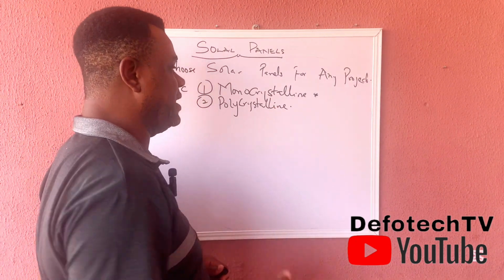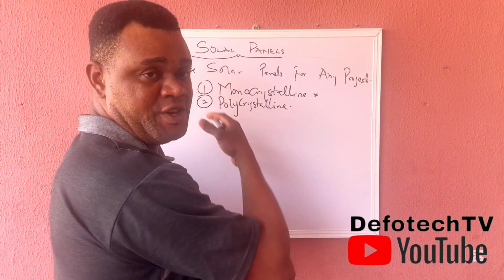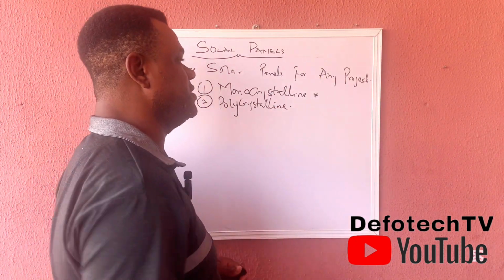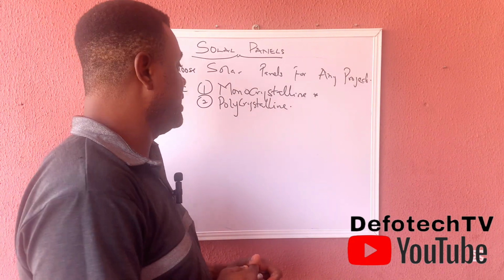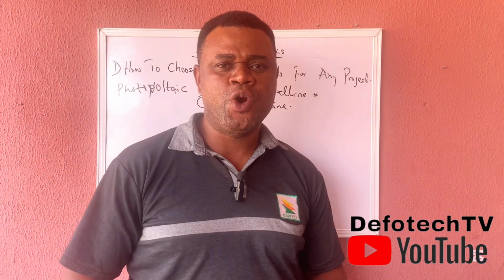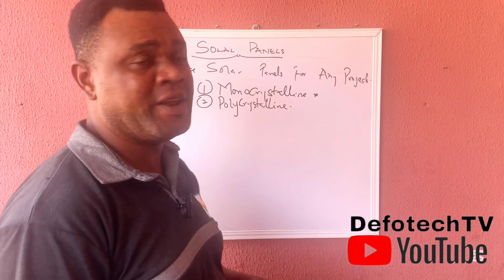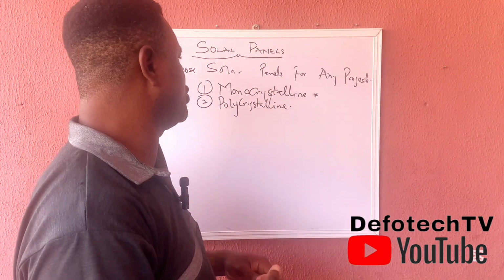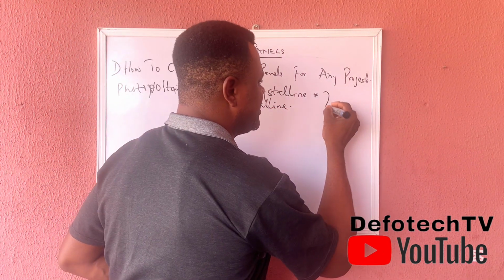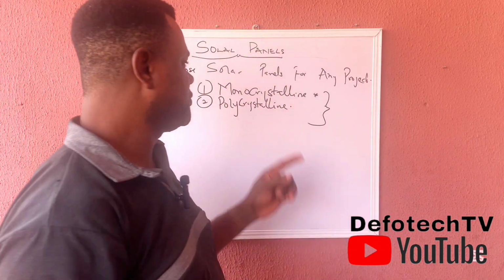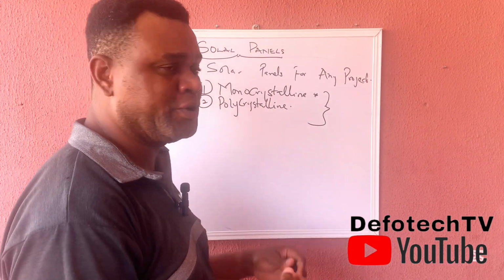Unlike the polycrystalline, which is cheaper, but not as effective as the monocrystalline. And by the time you're trying to choose a particular panel for any project, please always make sure you don't mix the polycrystalline and the monocrystalline.